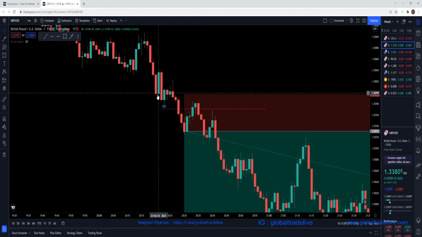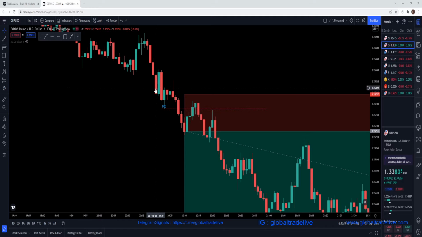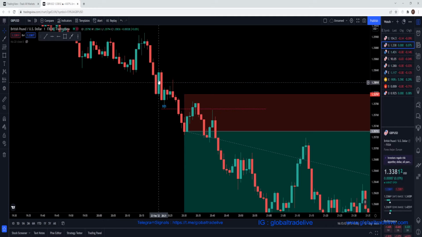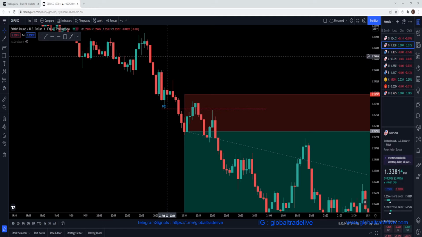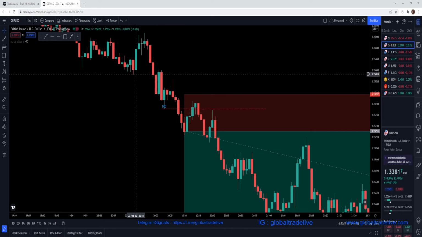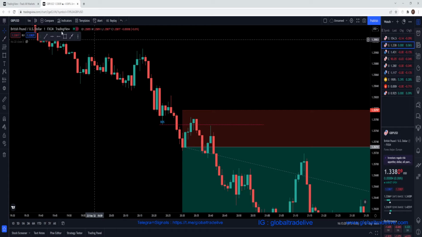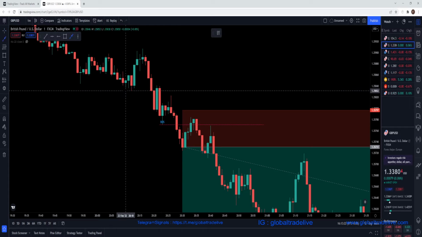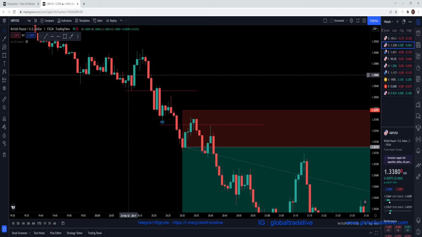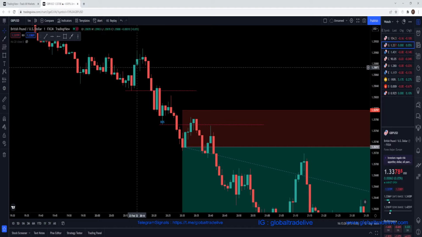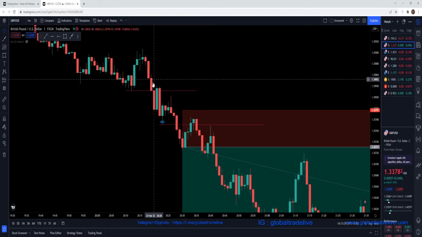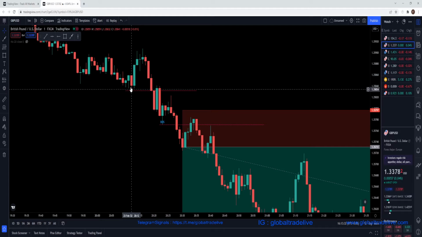Why? Because when the market creates a low, it should go a little bit up, make some candles, and then break the low, like over here. In this case, the market created a low, went up, consolidated for a while, and then reversed back down. So this low was valid.